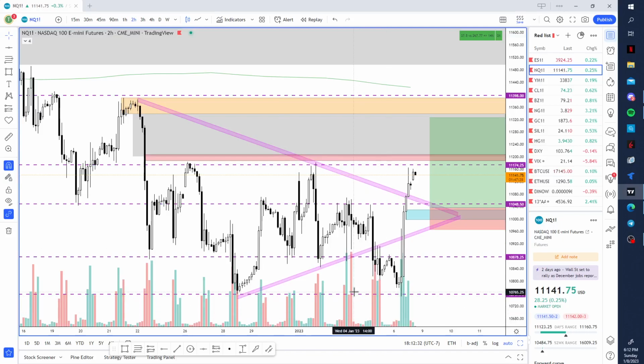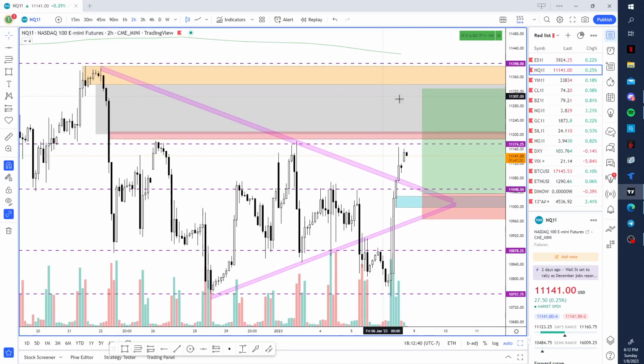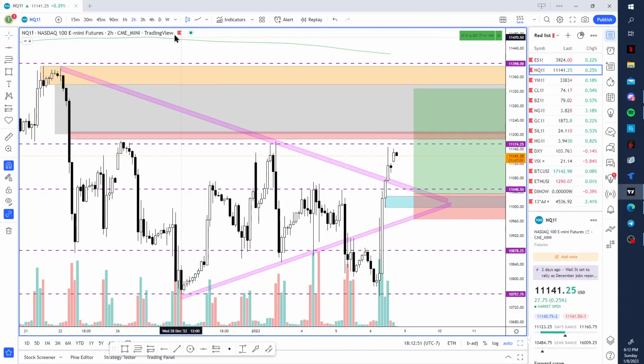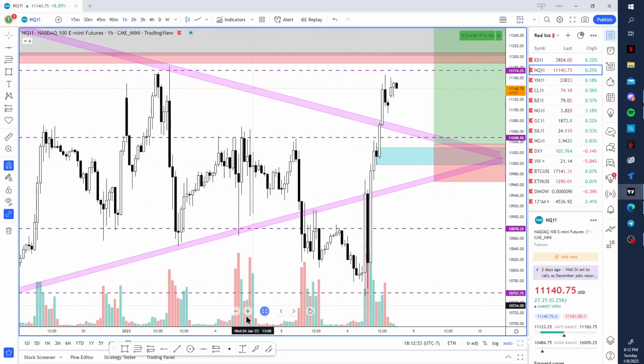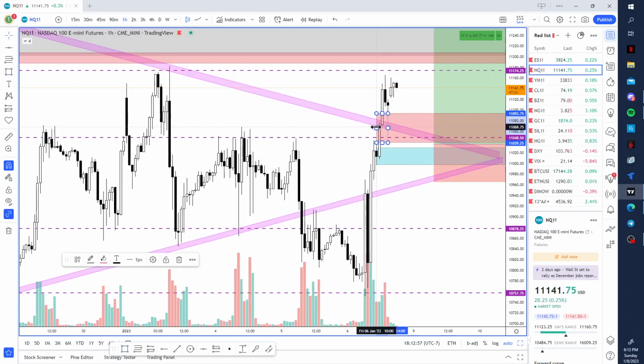To me, the imbalances give me an idea of where I think price is going to go in the future. That's why I think we're going to fill higher versus dropping down through this zone, because now we're finally on top of this area and we have a big imbalance up here, whereas down here there's not that much. You have a little one here prior to this zone, but that's the only imbalance.